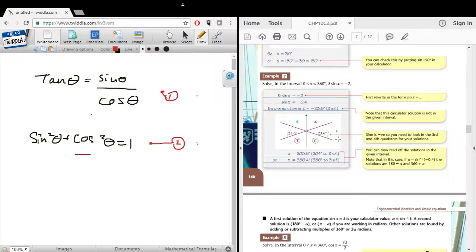Now, these are the two values for the equation. So you can see that it's going to be 203, and then finally it's going to be another almost complete circle, 336.